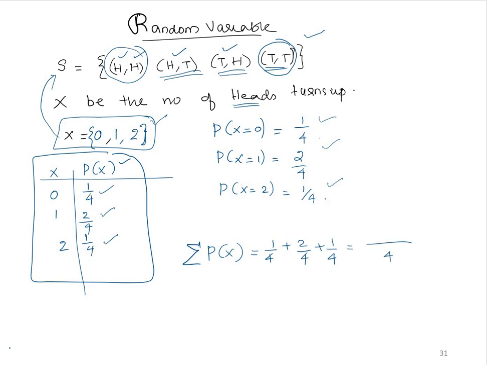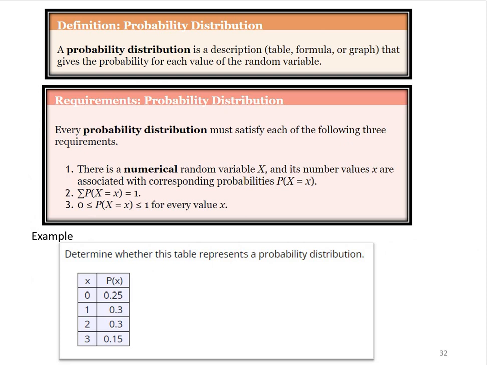This is the same denominator, so we can add up the numerators, 1 plus 2 plus 1 is 4, so 4 over 4, and that is equal to 1. So this is the easiest way to check whether a distribution is a probability distribution or not. If it is a probability distribution, then the sum of the probabilities is always equal to 1. Okay, so that is why we define it this way.